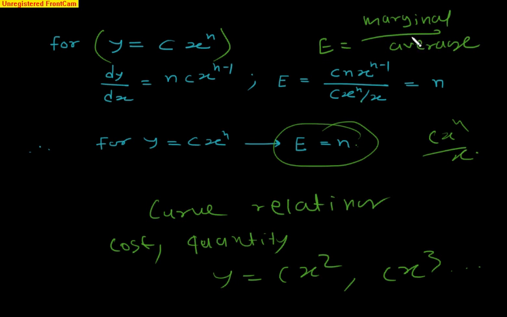Just write down here. And what is the marginal? Just find out the derivative, which is nothing but n into c x to the power n minus 1. When you simplify it, you will get the n. Okay, that's it.